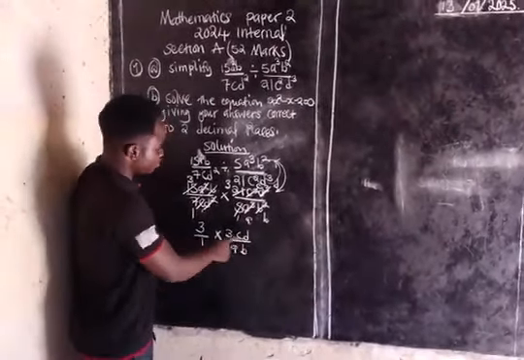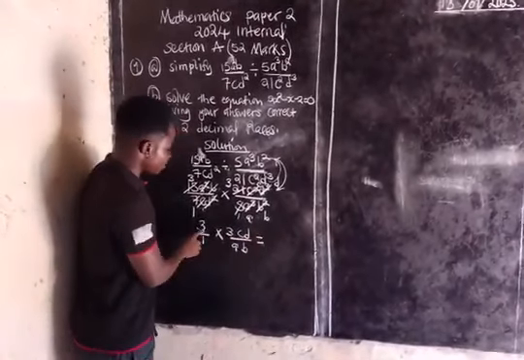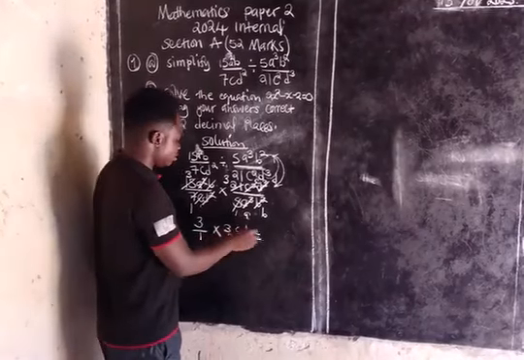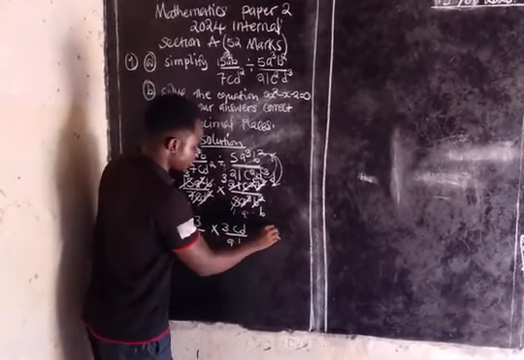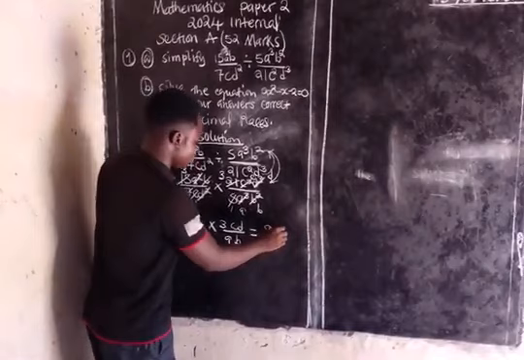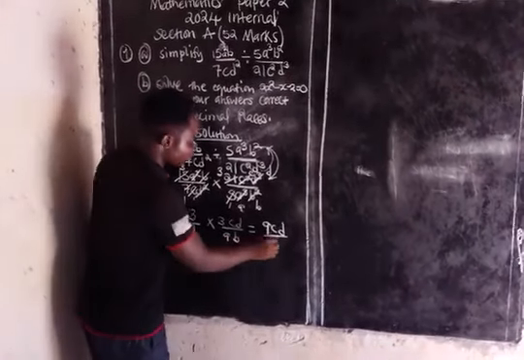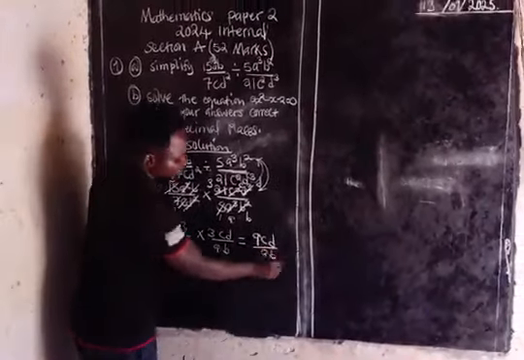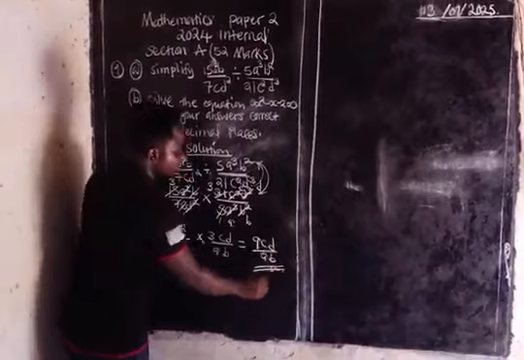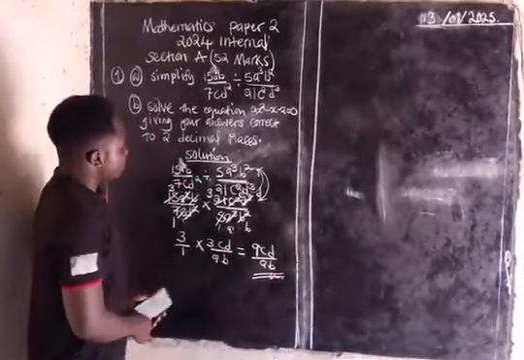So you multiply: 3 times 3cd gives you 9cd, over 1 times ab, which gives you ab. This is the final answer for question 1A.